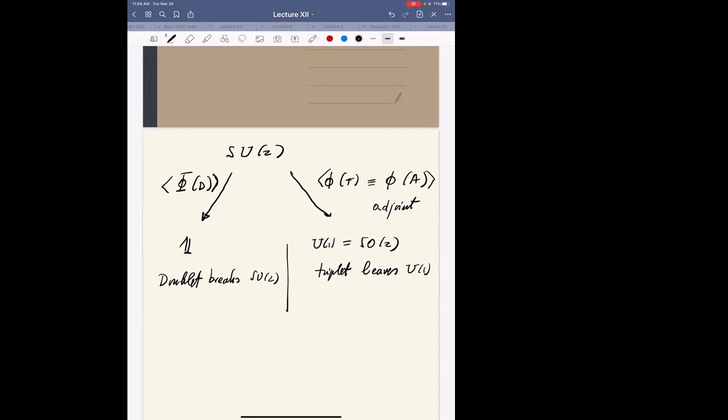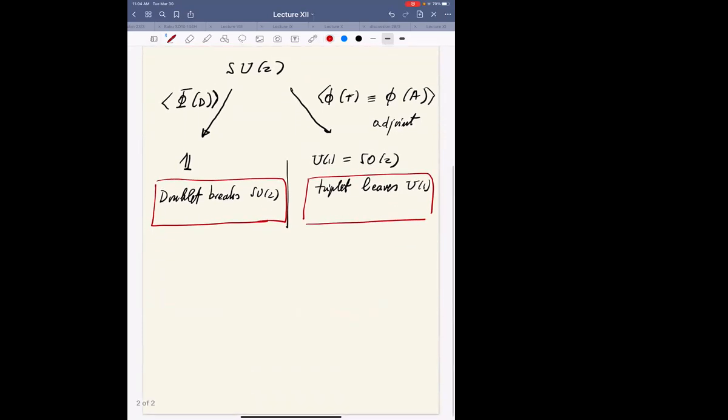So it depends on what I want to do. If I want to break all of SU(2), use the doublet. It's very easy. And if you are in a situation where you want to leave a U(1), use the triplet, which we call the adjoint.